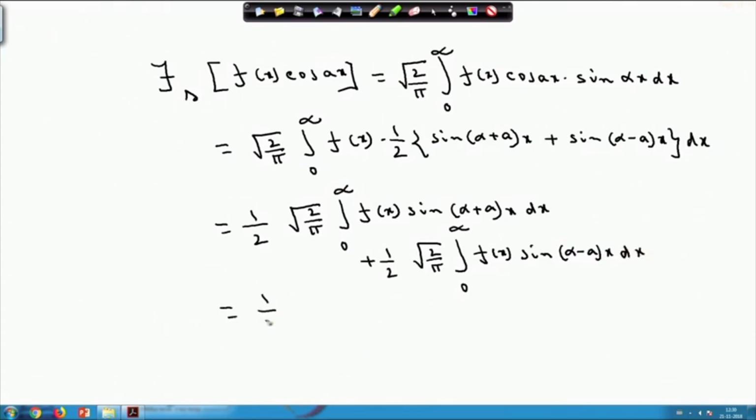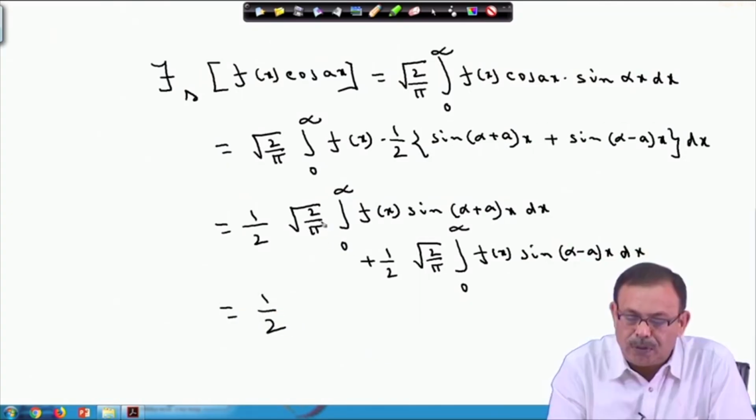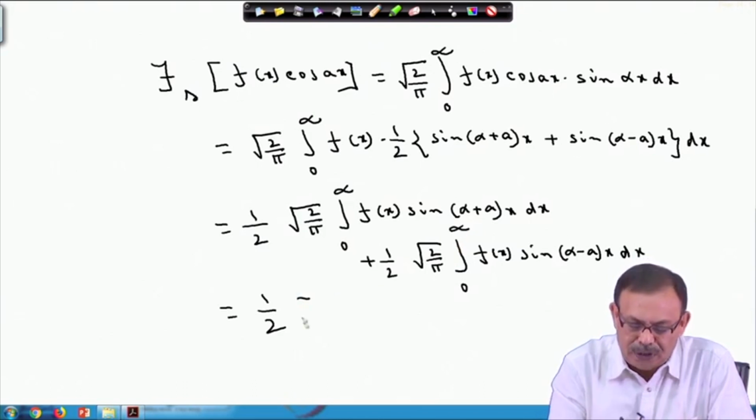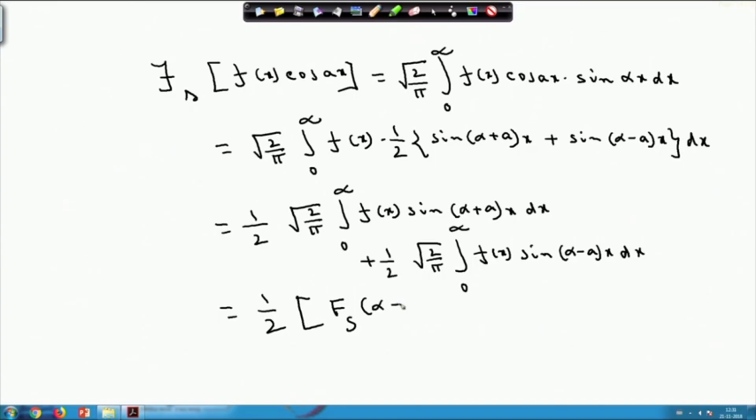So this equals half into, what is this? This root over 2 by pi, 0 to infinity f x sine of alpha plus a into x. So alpha is replaced by alpha plus a. So from the definition of the Fourier sine integral, the first integral we can write as half into Fourier sine transform of alpha plus a.